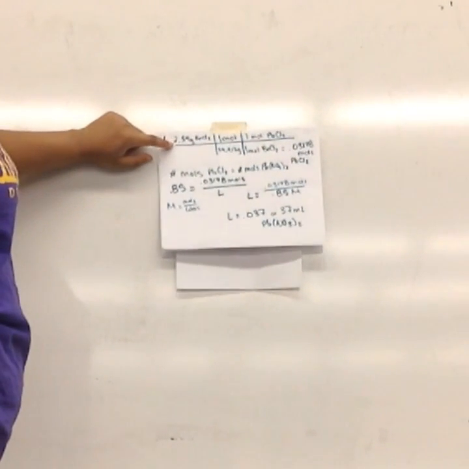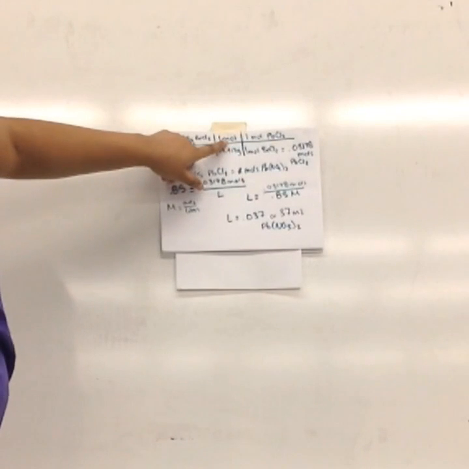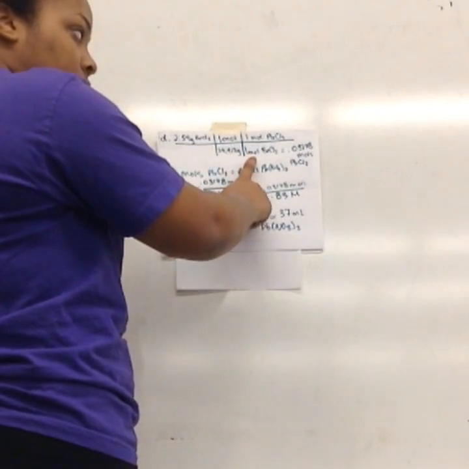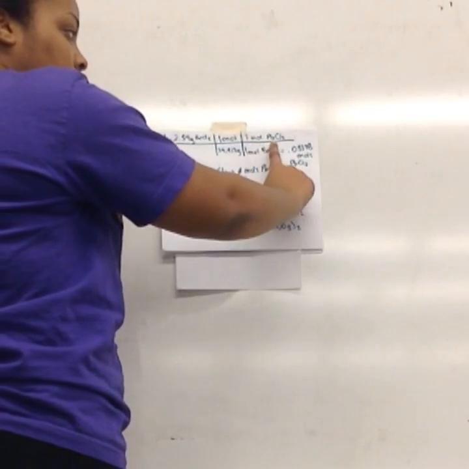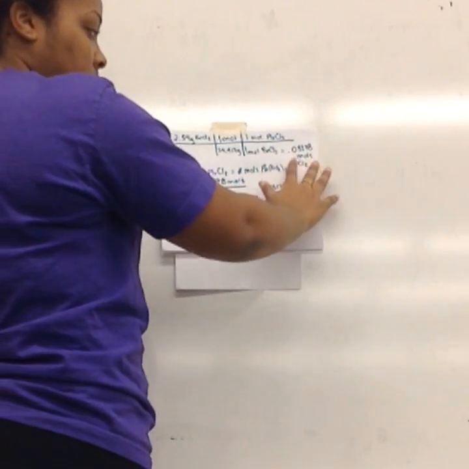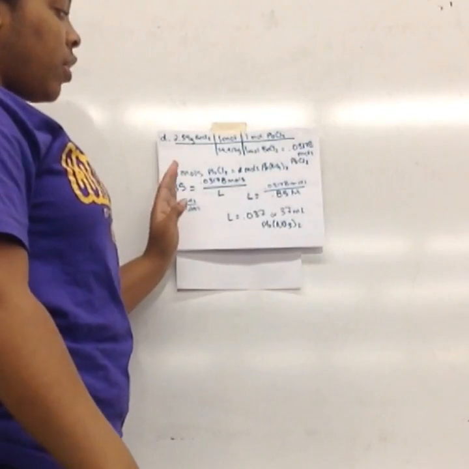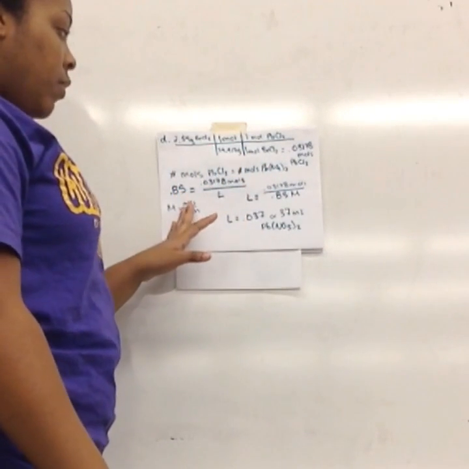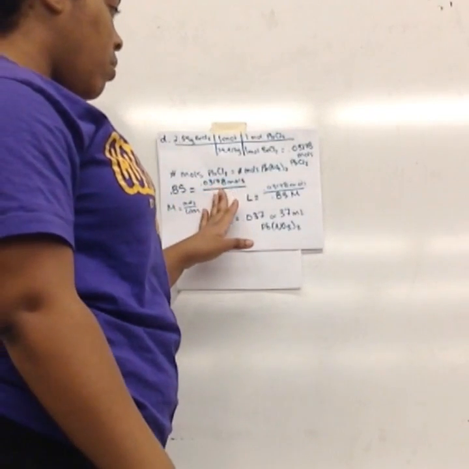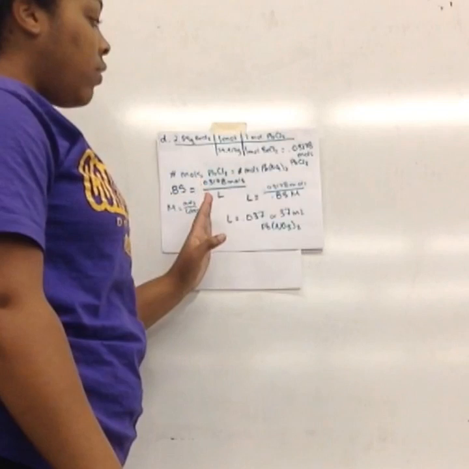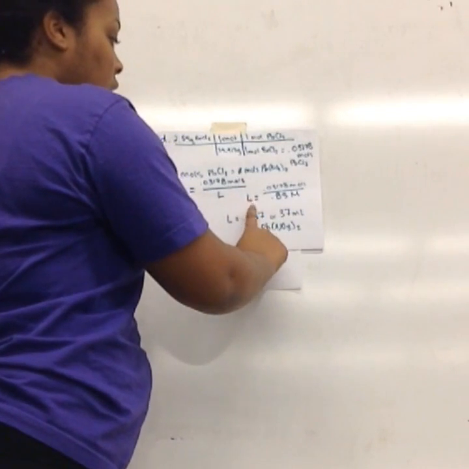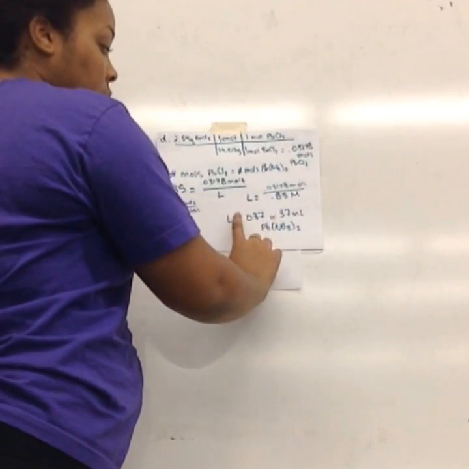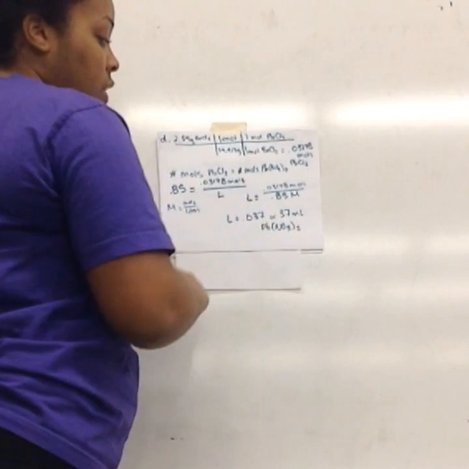So you're going to start off with the 2.54 grams of beryllium chloride and do molar mass and find the moles. And the number of moles of beryllium chloride is equal to the number of moles of lead chloride, which is our precipitate. Everything has a 1-to-1 ratio, and so you know how many moles there are. And the number of moles of lead chloride is equal to the number of moles of lead nitrate. So you have 0.85 molarity is equal to 0.03178 moles over liters. And then liters is equal to moles over molarity. And liters is equal to 0.037 liters or 37 milliliters of lead nitrate.